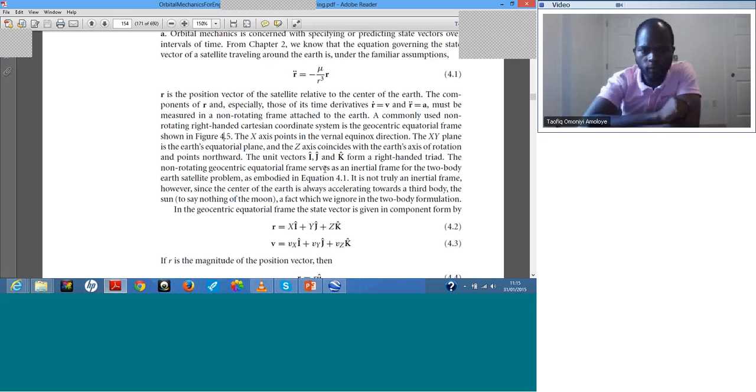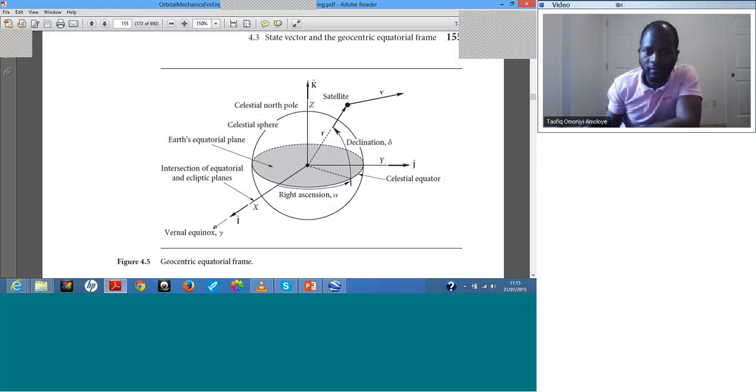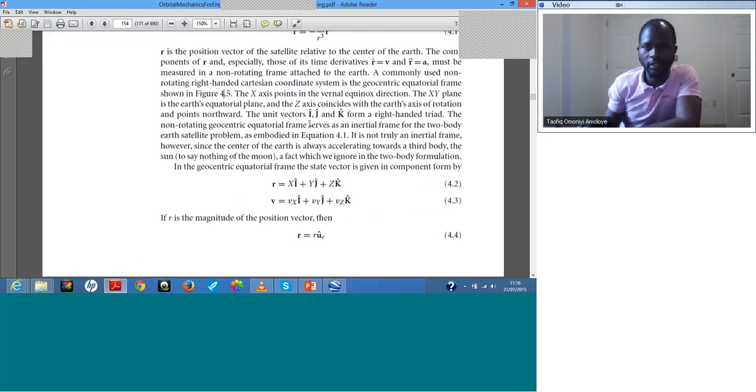So we move on. The x-axis points in the vernal equinox direction. The xy plane is the Earth's equatorial plane. The z-axis coincides with the axis of rotation and points northward, which is very clear from this picture and from our knowledge of how everything is situated in space.